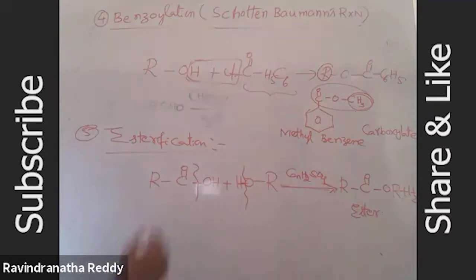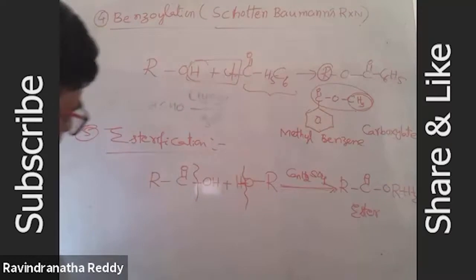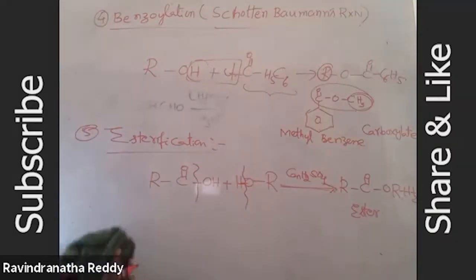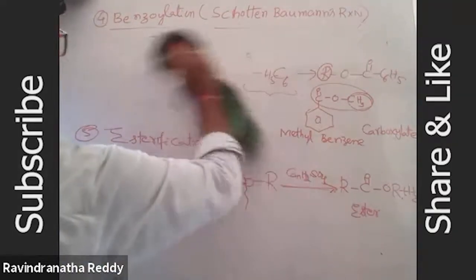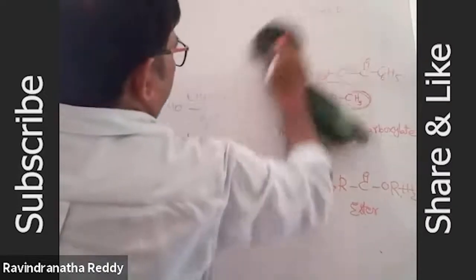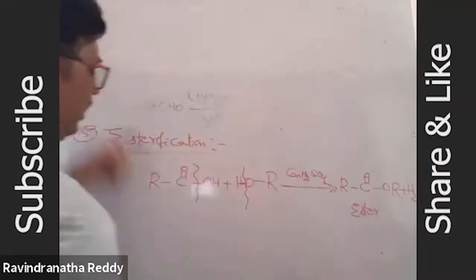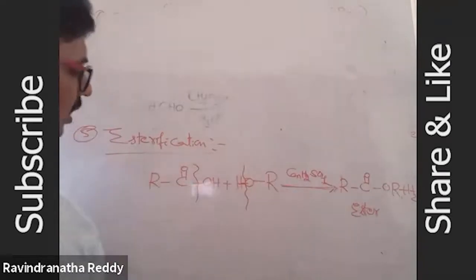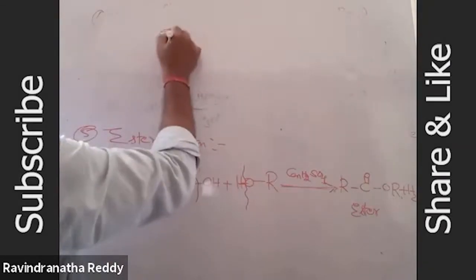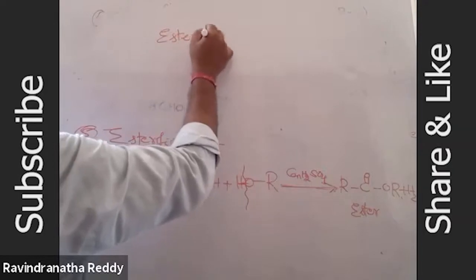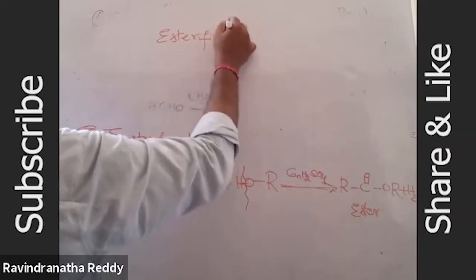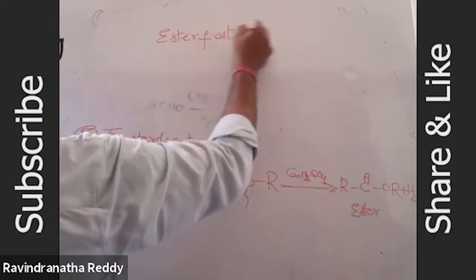Esterification reactivity is inversely proportional to steric hindrance of the carboxylic acid and the alcohol. This is the main formula you have to remember.